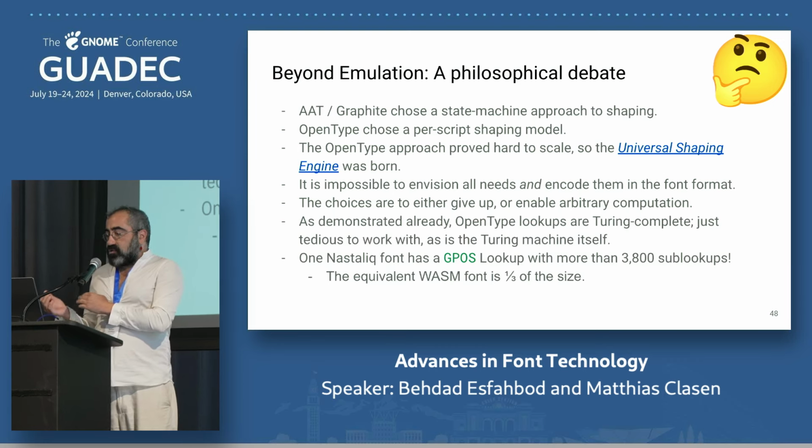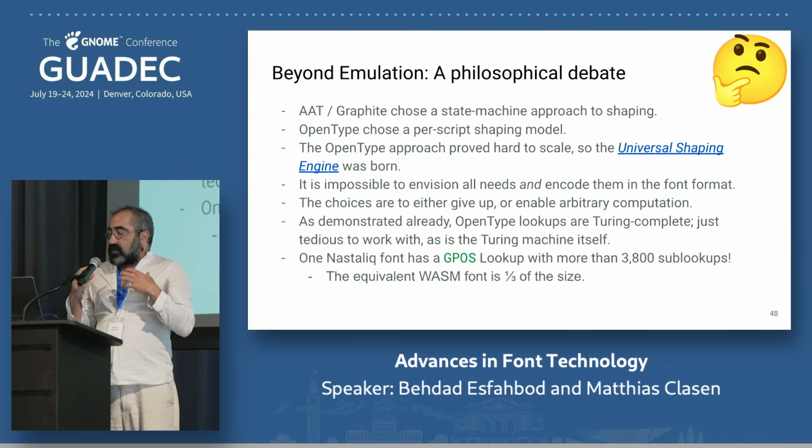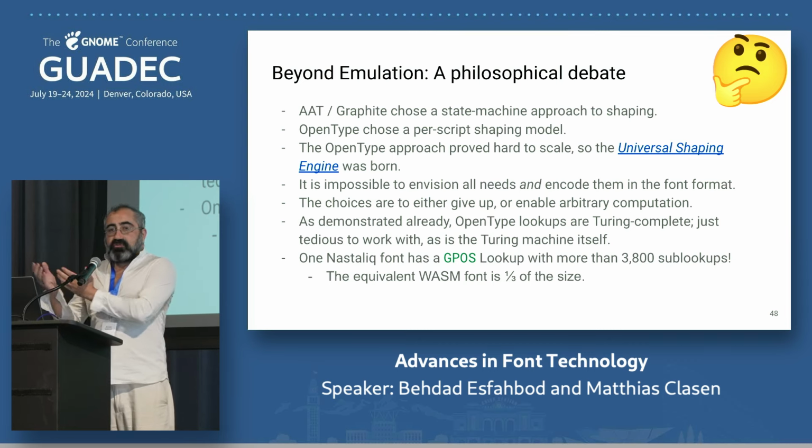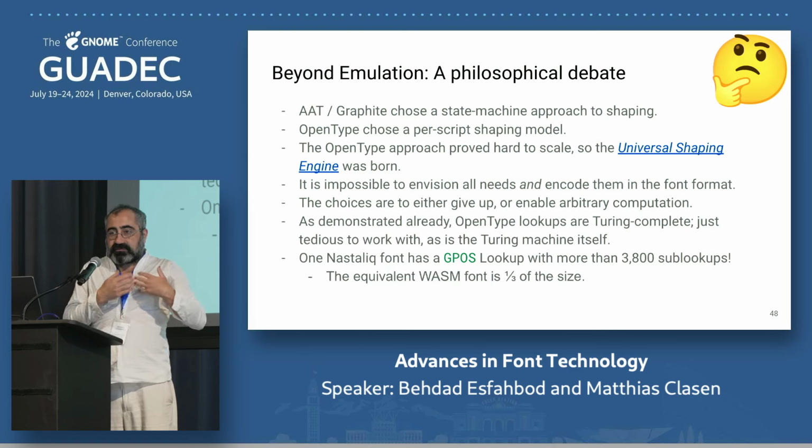So OpenType added something called the Universal Shaping Engine, which simplifies adding new scripts to OpenType. However, basically, we are going back from this idea that shaping logic should be in the shaper towards a model where the font provides more and more data. At some point, data and code become the same.